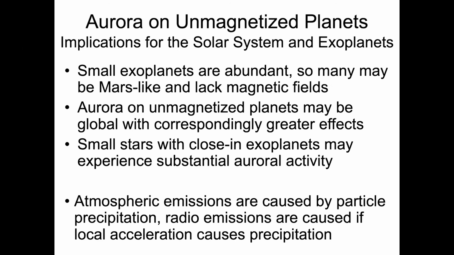And the fact that these emissions are global instead of confined to a narrow auroral oval near the poles might mean that the brightness of these turns out to be comparable in a planet integrated sense.